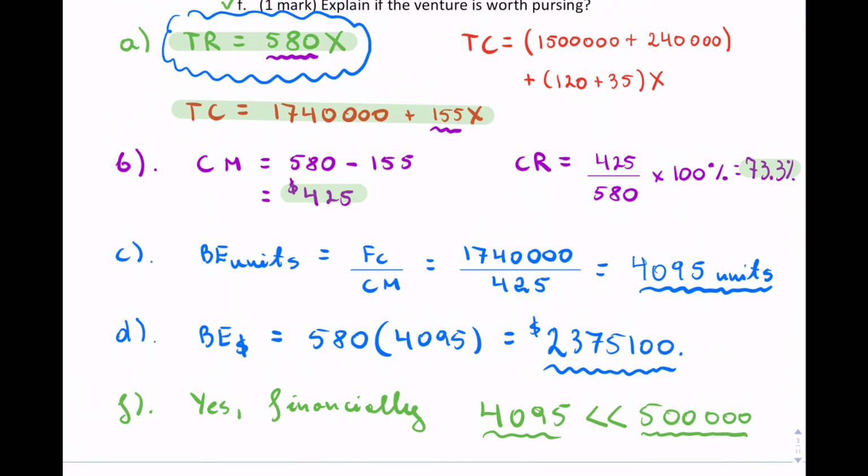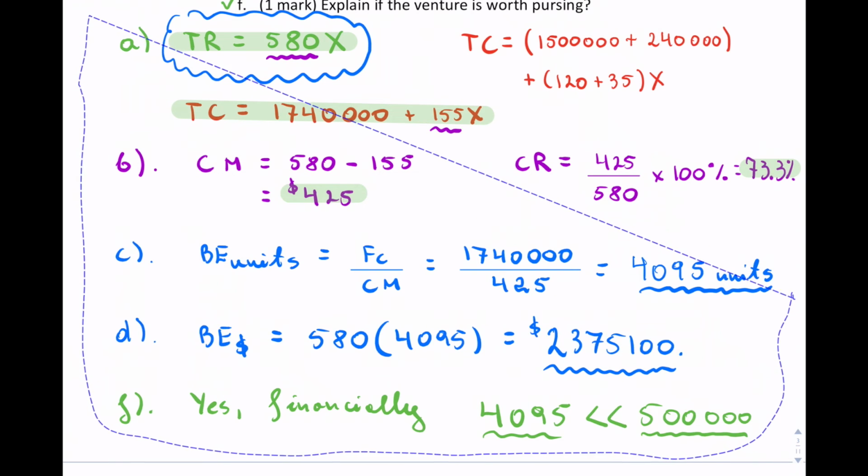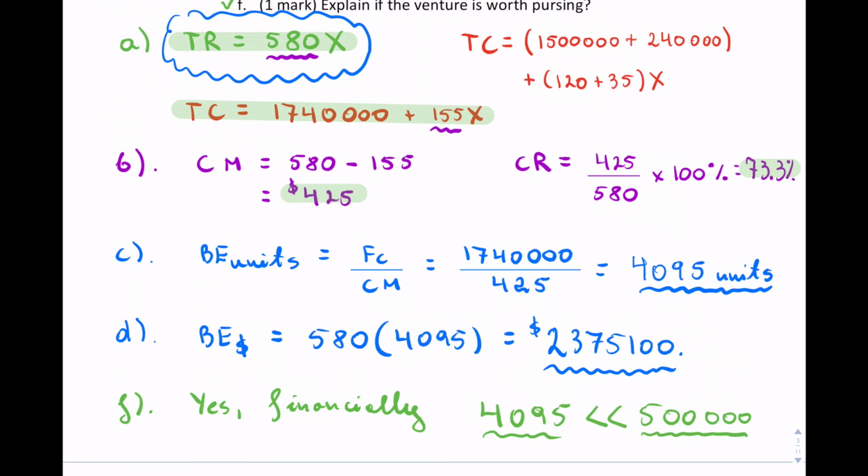Actually, maybe what I'll do is this. Let's take a clean page and draw the chart here. So let's say that's my Y.